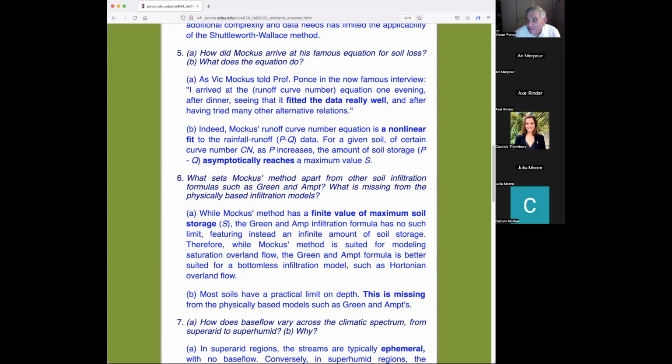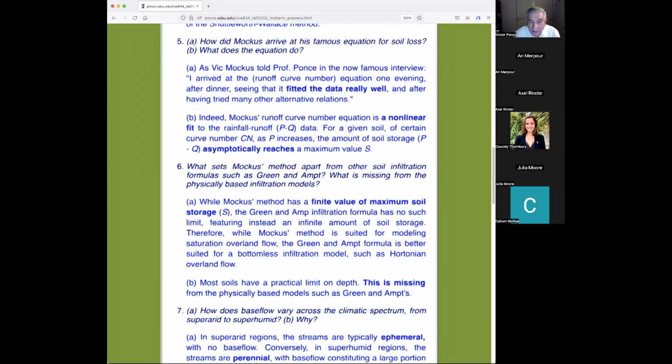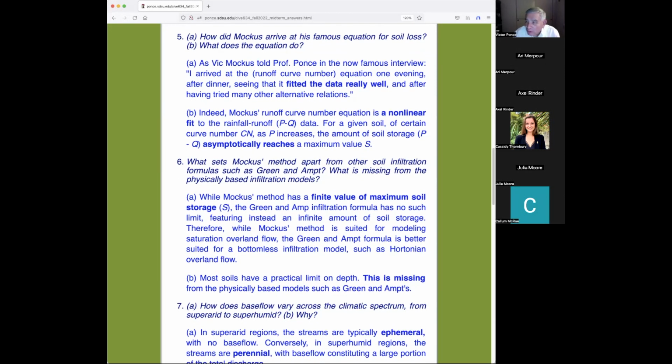And of course, he didn't like it because he had practiced all his career doing the Green-Ampt equation, and he didn't want it to be characterized as bottomless, which it was, by the way, as opposed to the Soil Conservation Service method, the Marcus method, which was not bottomless. Now, the more important issue for us is, is the soil out there bottomless or is it limited, as Marcus said?